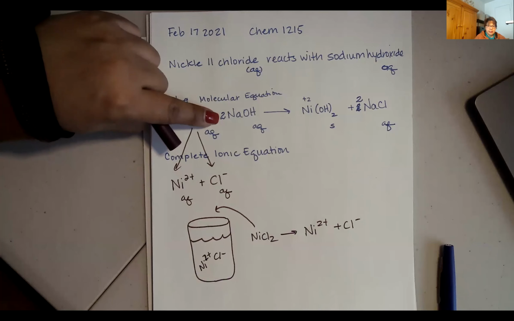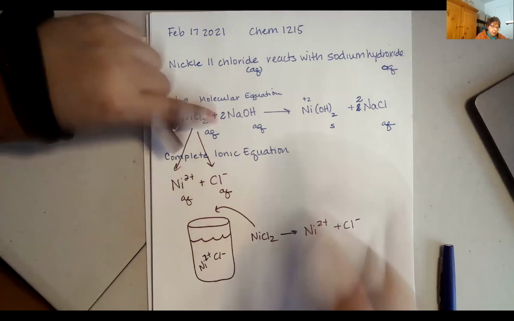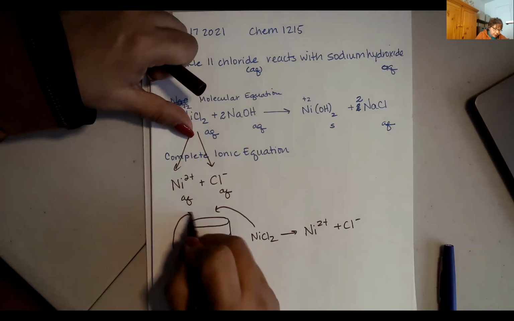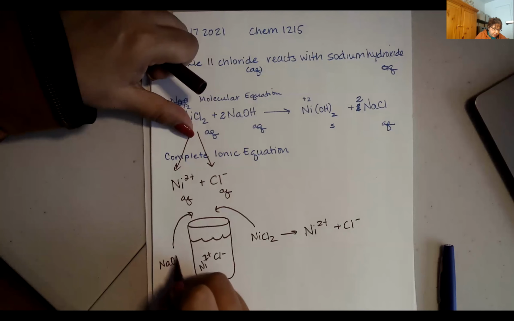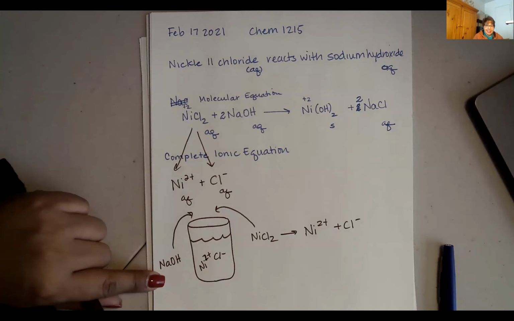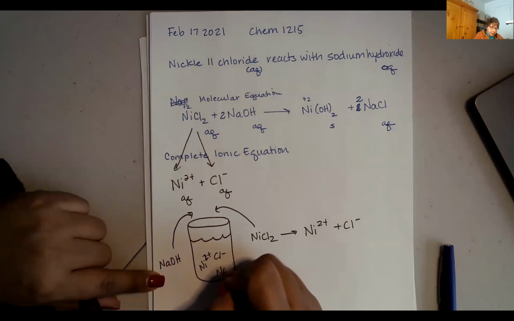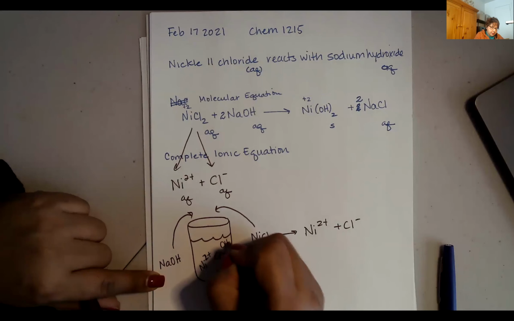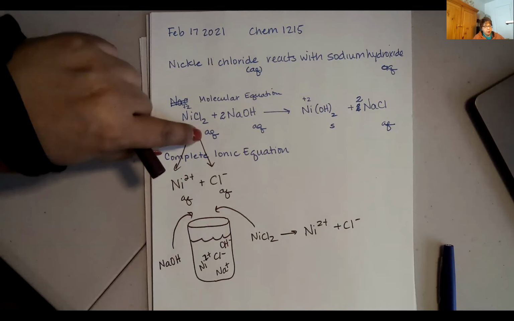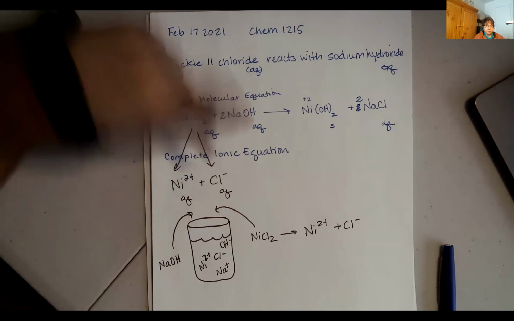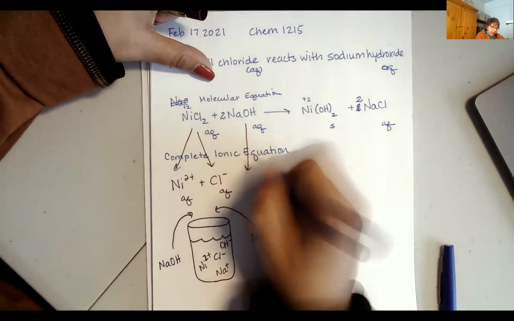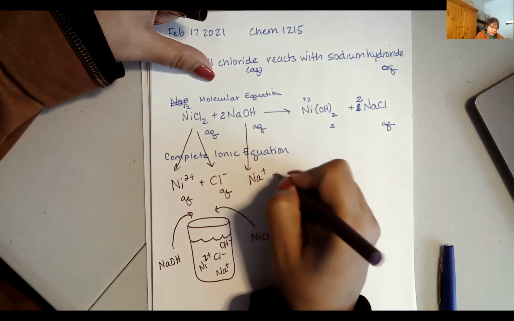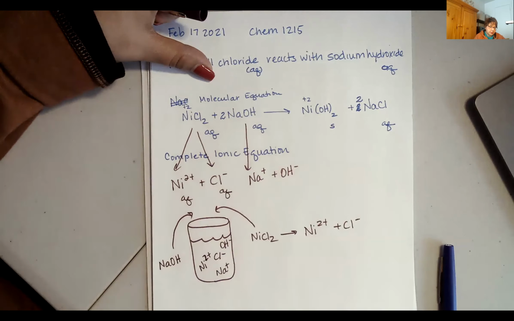Sodium hydroxide does the same thing. How do I know that? Because it's aqueous. So if I poured in some sodium hydroxide crystals, they would not stay together. They would separate into their respective ions. So because there's water in the system, I have Na plus and OH minus.